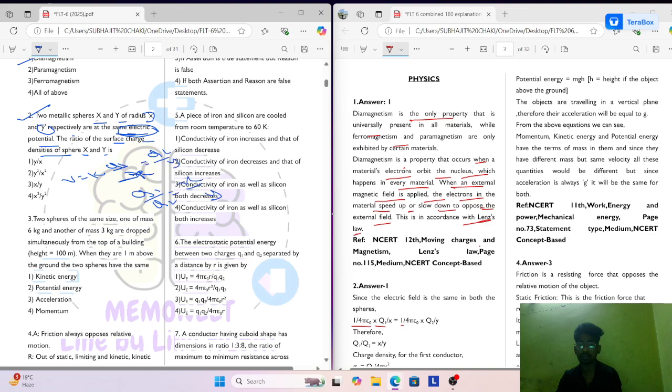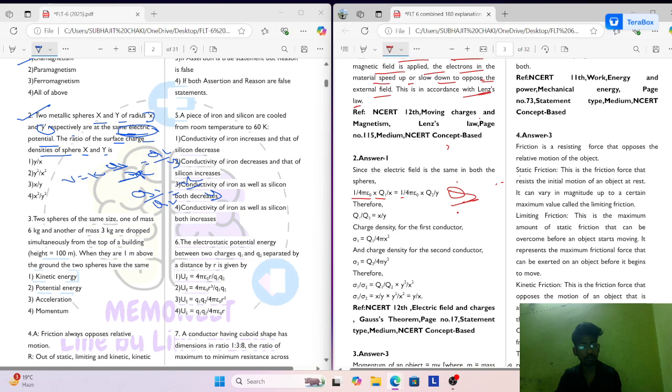We also know surface charge density is given by the formula q by 4 pi r square, or q by a. So for the first sphere it is q1 by 4 pi x square, and for the second it is q2 by 4 pi y square, where the radii are x and y.